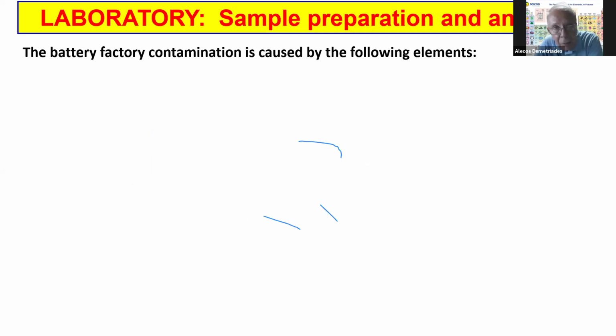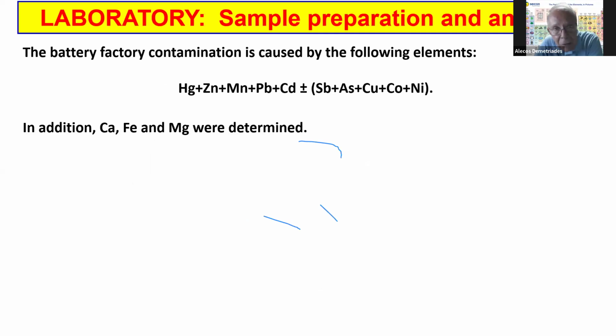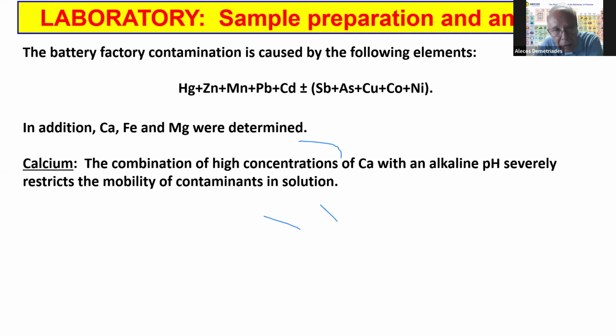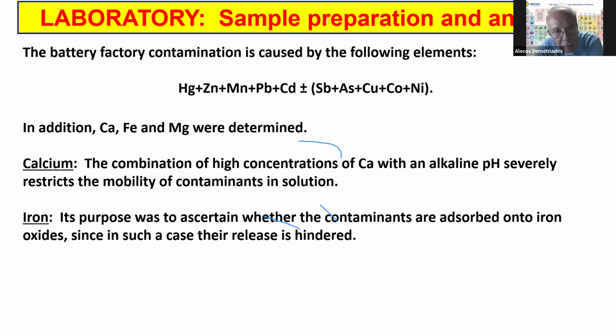The battery factory contamination is caused by the following elements. In addition, we have calcium, iron, and magnesium to determine. Calcium was to verify that it exists, and because it restricts the mobility of contaminants in solution.